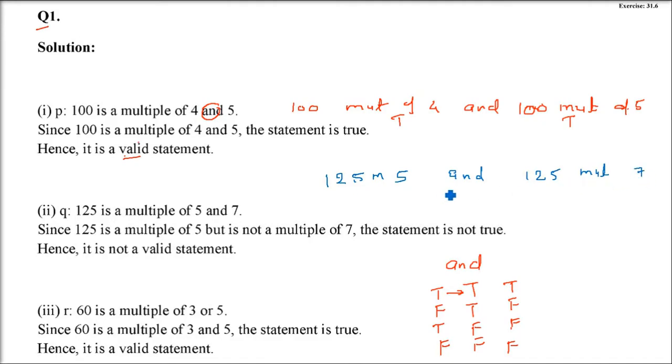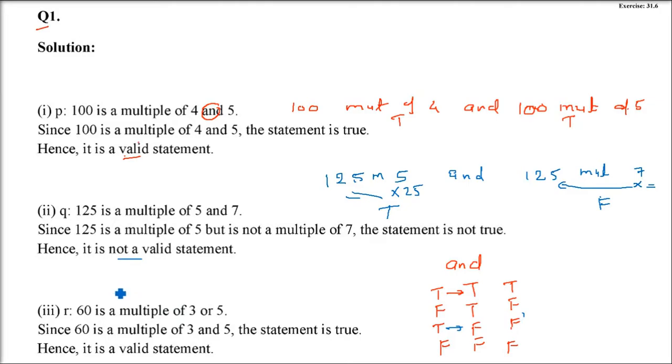Now 125 is a multiple of 5, since 5 into 25 is 125. But 7 into something is not going to be 125, it doesn't divide it. So this is true, this is false, and they are joined by AND. T and F will give you F. So you'll get a false here. So this is an invalid statement, or not a valid statement.